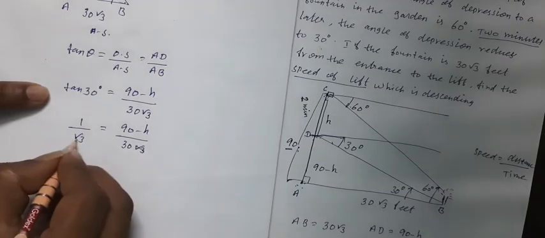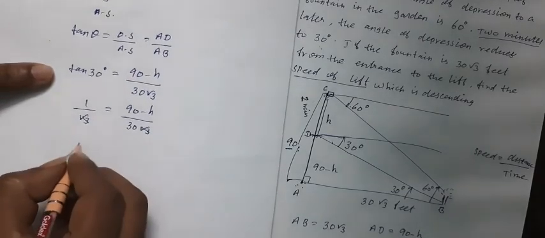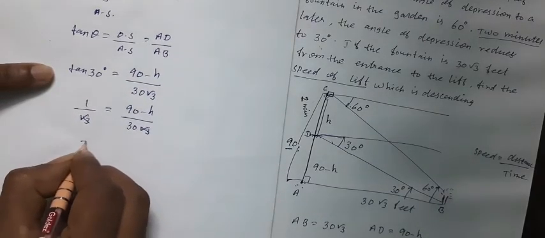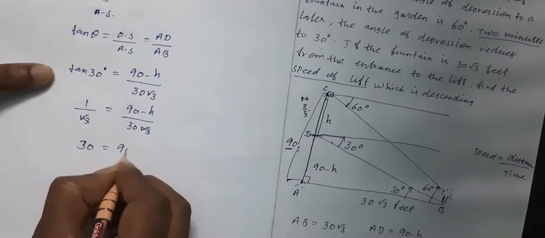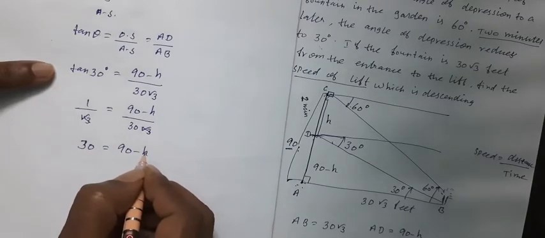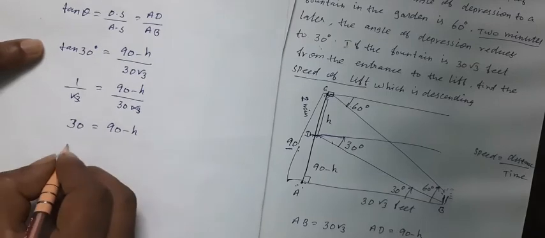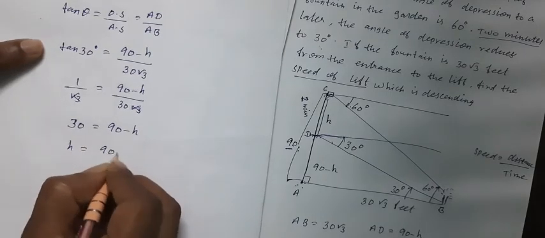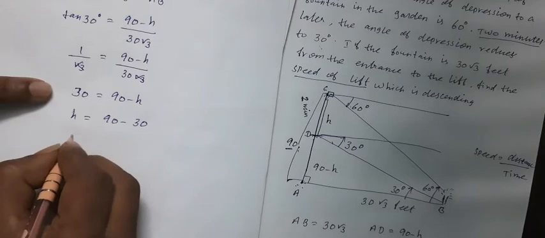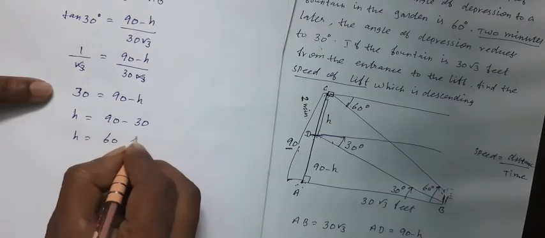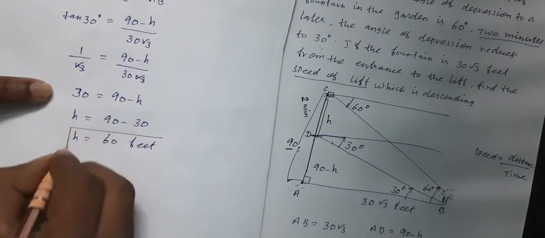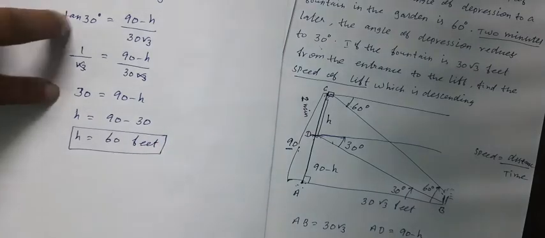Now root 3 we can cancel. Next we can get 30 is equal to 90 minus H. So H is equal to 90 minus 30. So we can get H is equal to 60 feet.